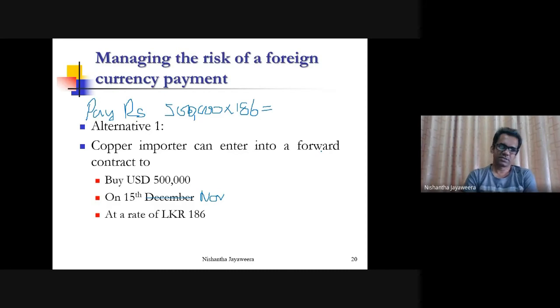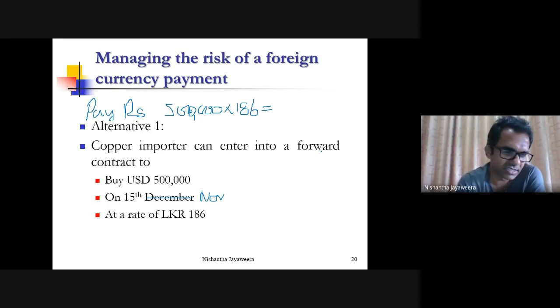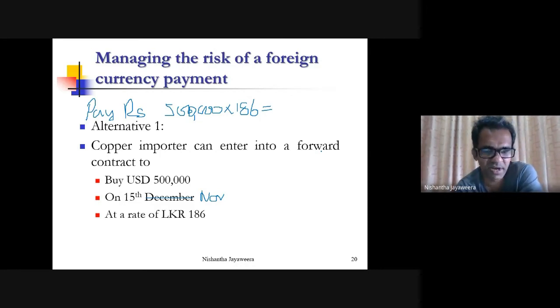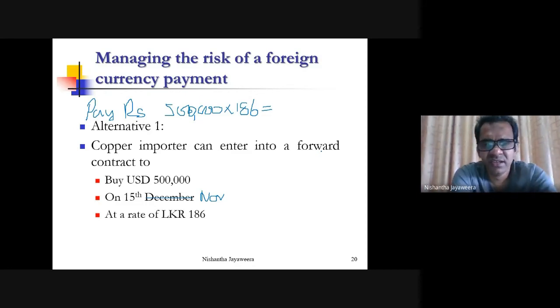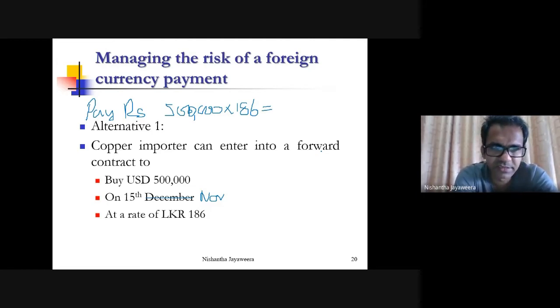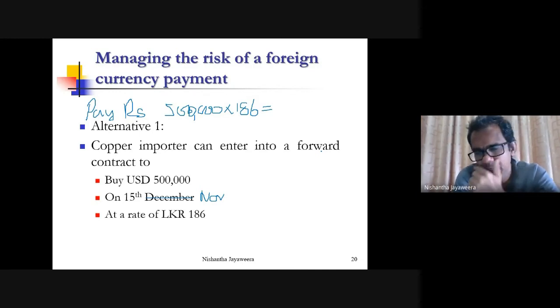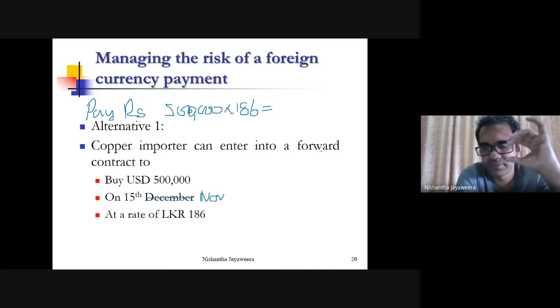In this case, especially in the Sri Lankan context, you may have to keep a margin depending on the relationship you have with the bank and the regulatory requirements and things like that. Even though it's a forward contract, you may have to keep a margin. It may be 100% or 10%.